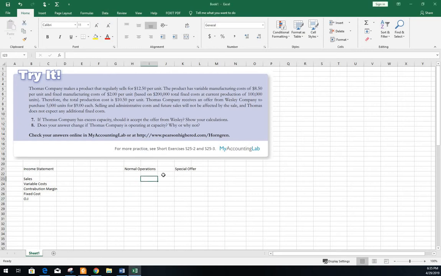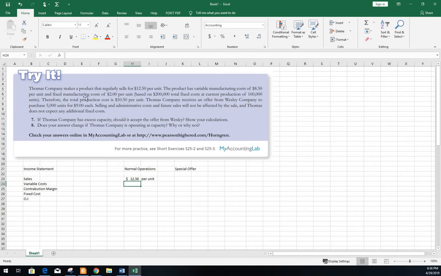So the sales under normal operations, it says, are $12.50 per unit. I'm going to just do this on a per unit basis. You can multiply out if you want to, but per unit keeps the numbers smaller and it'll work just the same. So $12.50 per unit for sales.